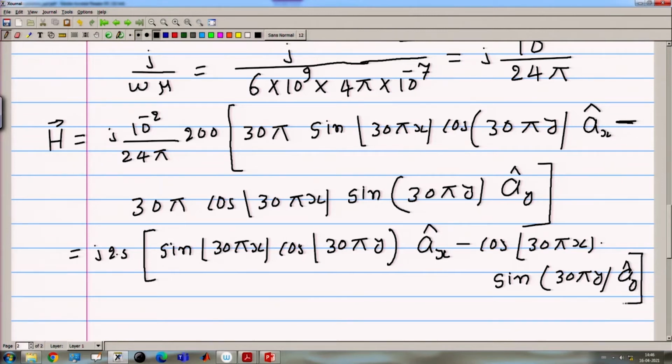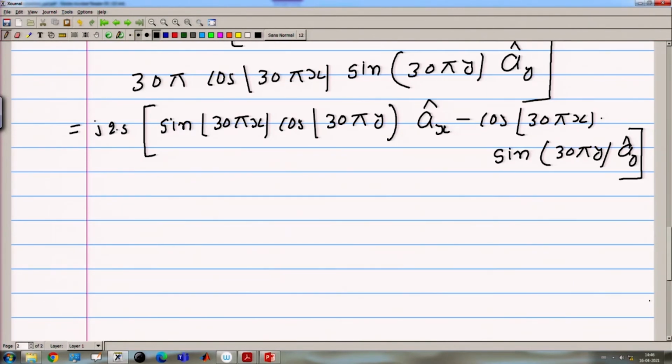So, this is the H field component, that is the complex part.